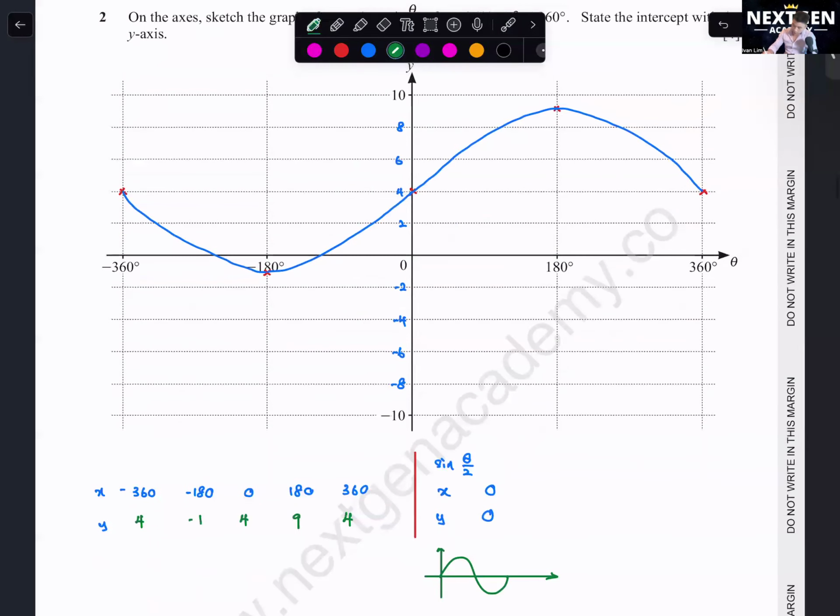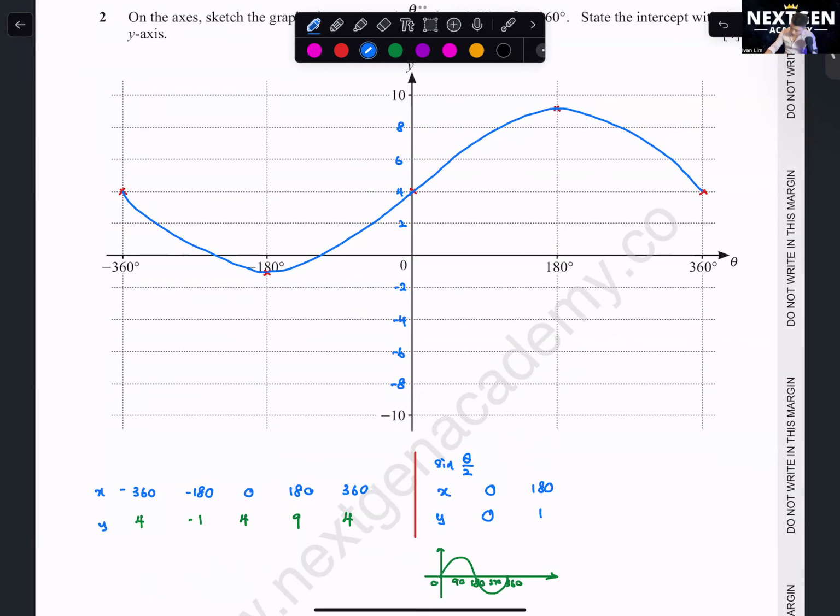Then, if your x is 180, here now is 90. Where is 90? 0, 90, 180, here is 270, here is 360. So this part here, sine 180 divided by 2 will be sine 90, which is equal to 1.